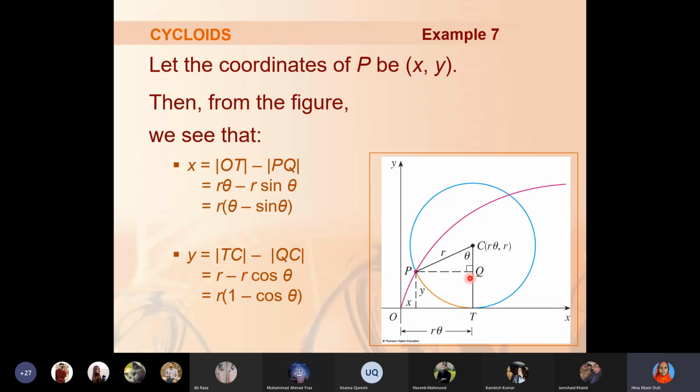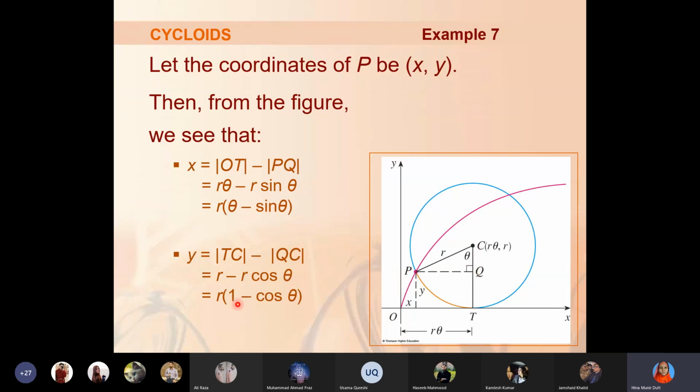Now this y distance, y is equal to TC minus QC, where TC is the radius of the circle and QC is R cos theta.